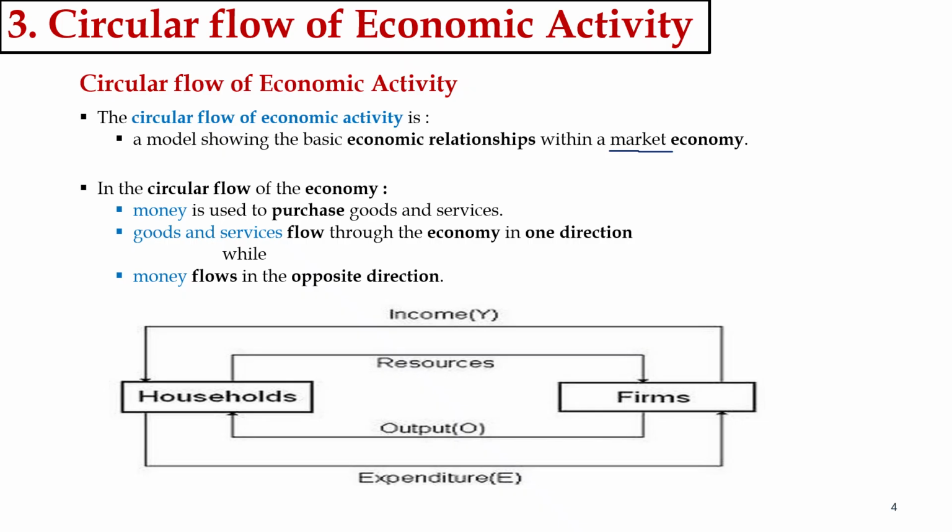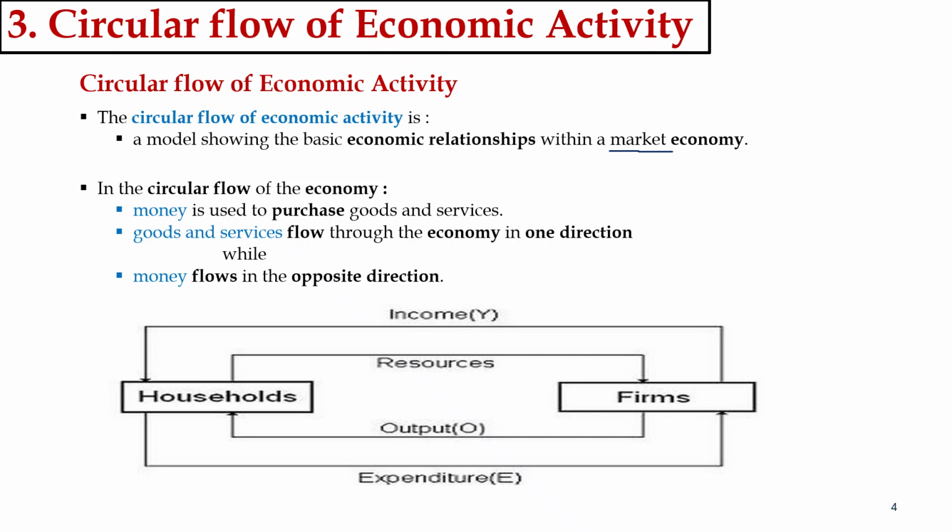If I want to buy some food, I need money. If I want to buy a laptop, I need money. If I want to buy vegetables, I need money. If I want to buy a mobile, I need money. So in a circular flow of economy, money is used to purchase goods and services.